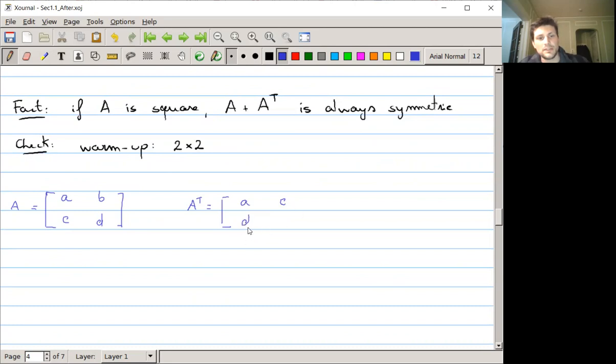Oops, this is a B. And then I can look at A plus A transpose. If I add these two together, I get 2A, B plus C, C plus B, 2D. But now, B plus C and C plus B are the same. So this is symmetric.